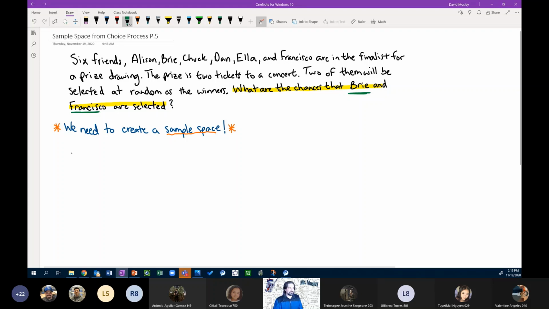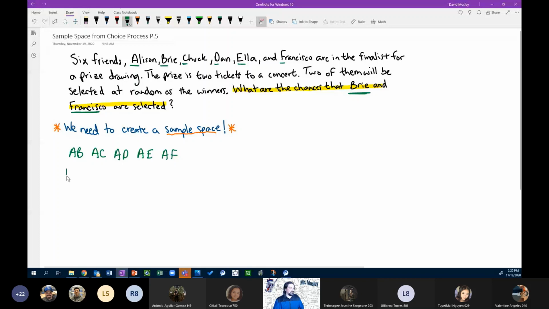So now we create all the possibilities. We need to have the outcome space. So I'm going to use the first letter of each person's name, which is why I used a different letter for each person's name, to represent that person. And we're going to write out all the different combinations of pairs of winners. So we can have AB, AC, AD, AE, or AF.